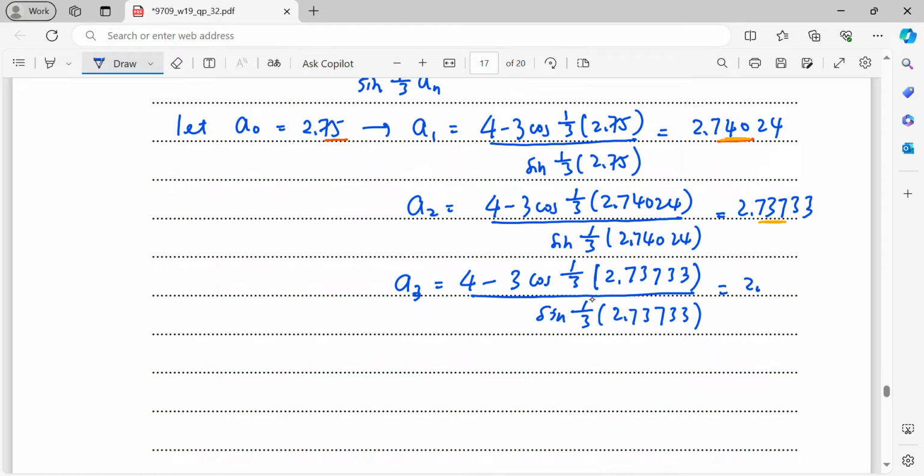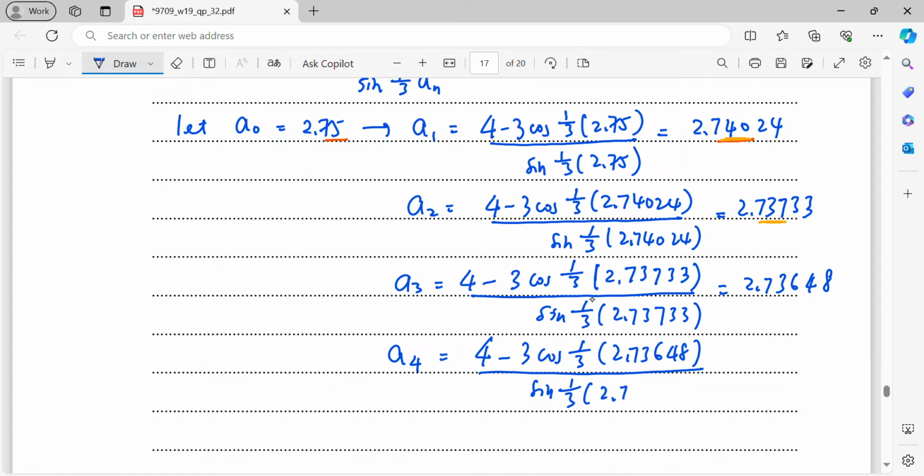This is 2.73648. Right, so now continue. A4. Then this is going to be 2.73643.